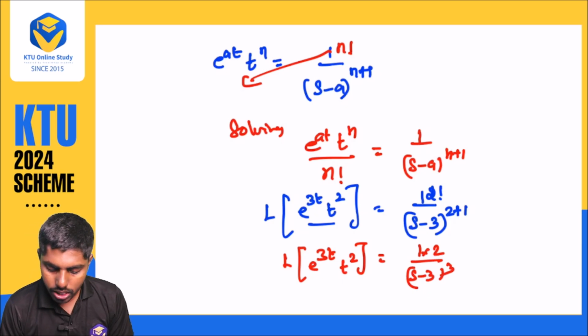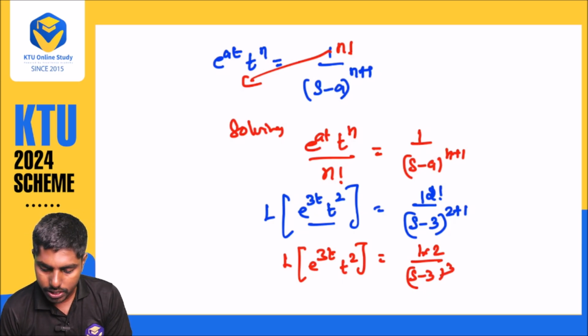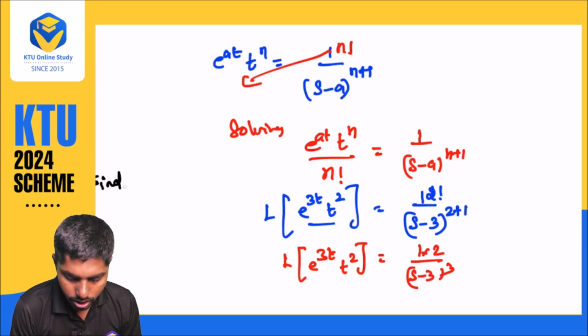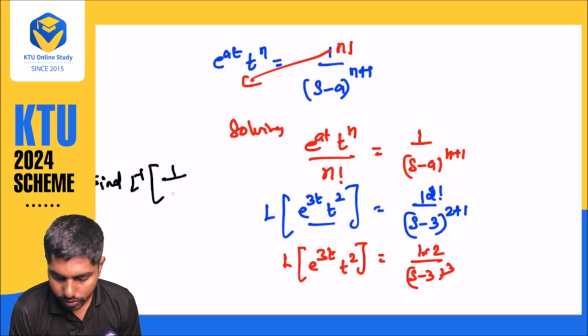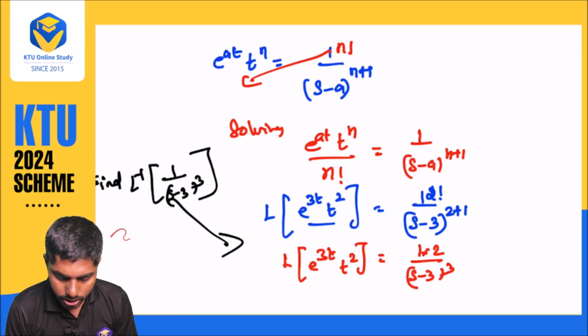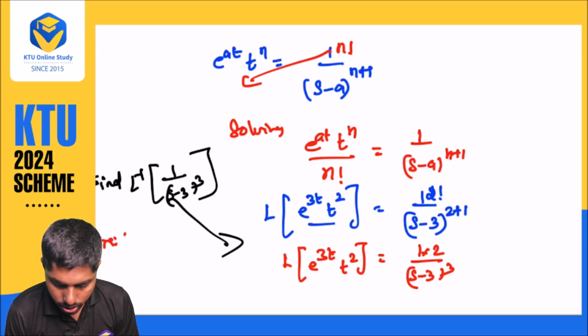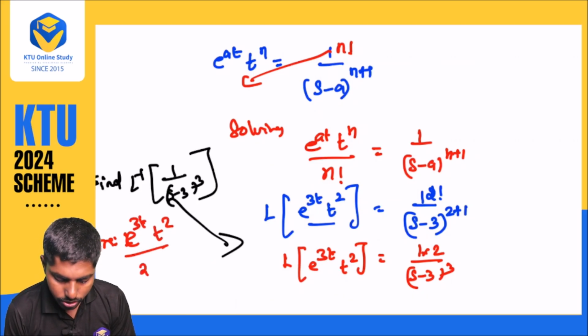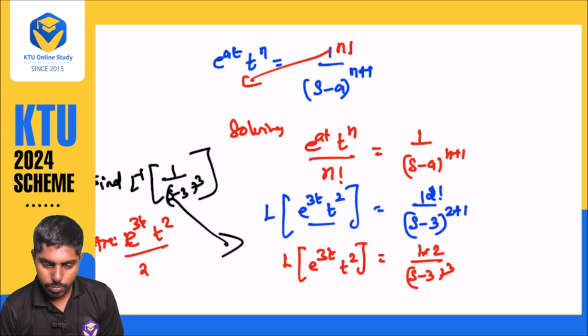If they ask for the inverse, find L inverse of 1 divided by (x minus 3) the whole cube, directly apply this: the answer will be e to the power 3t t square divided by 2, where the 2 comes to the denominator. This is the simple procedure you need to know.